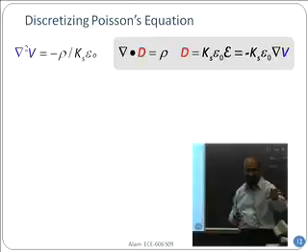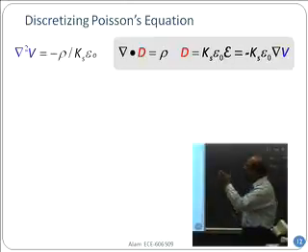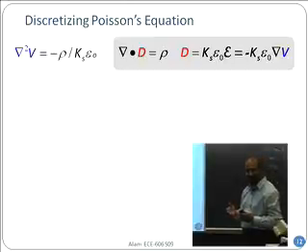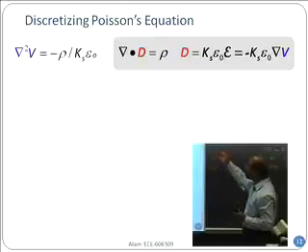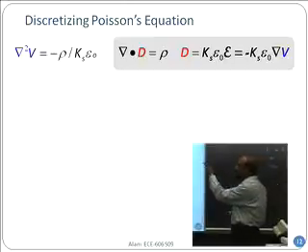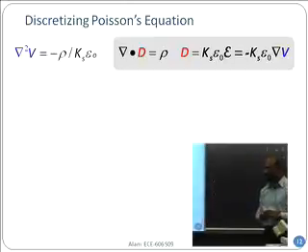Up to the dielectric constant. So you can see the displacement, I can write it in terms of the electric field, but the electric field is minus of the gradient of the potential, right? So therefore, if I insert the expression for the displacement, then I will get a second derivative of the potential with a negative sign. That is where that equation came from.